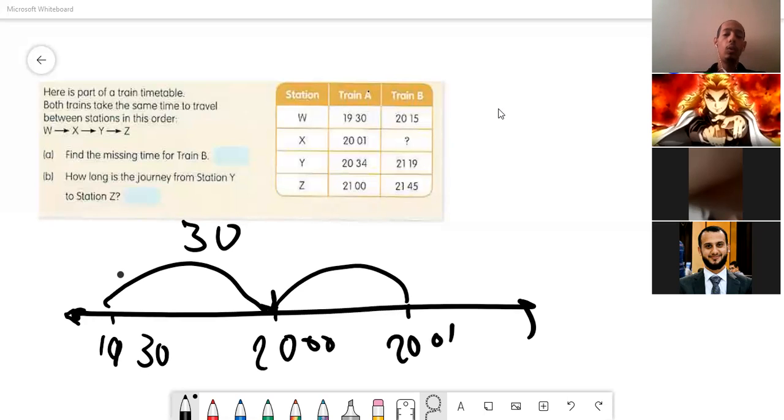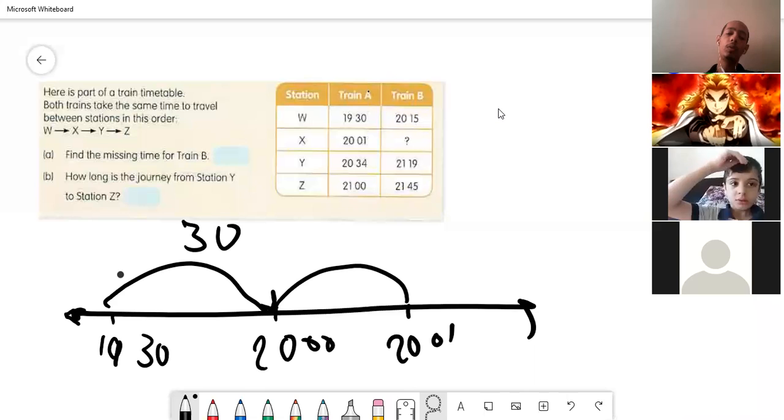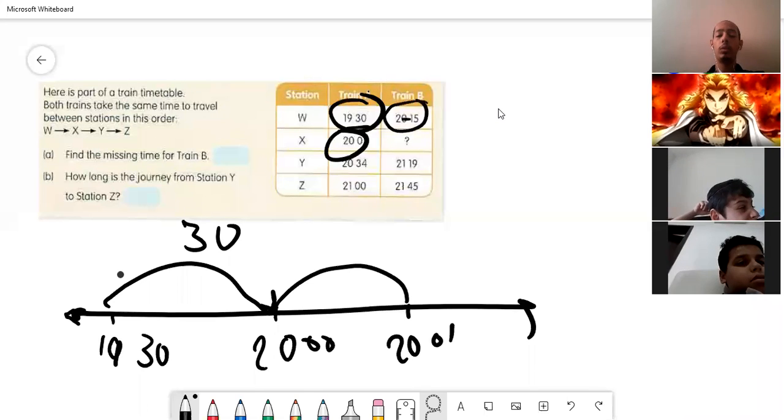Okay, we have two trains. Both trains take the same time to travel from one station to the next station. This means for train A to travel from here to here, it will take the same time for train B to travel from here to here.